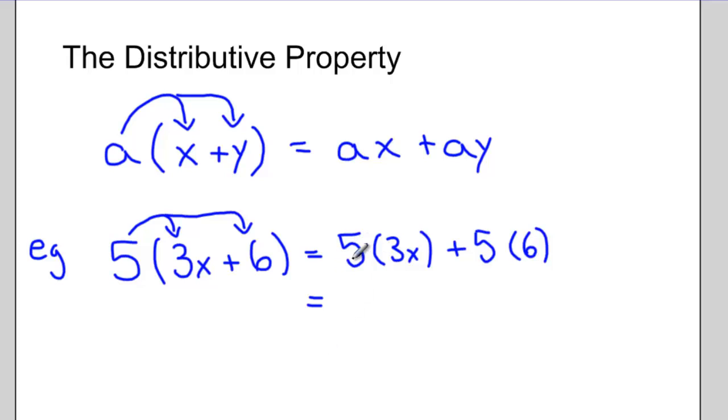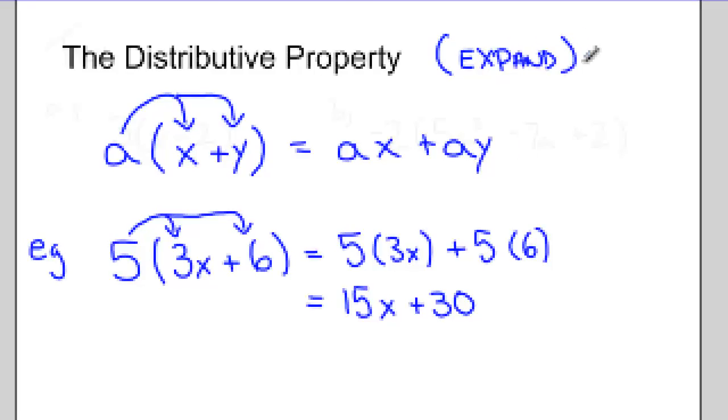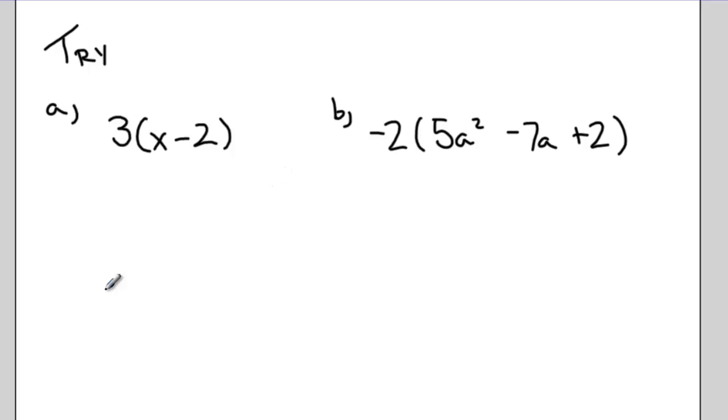I multiply the coefficients together to get 15x plus 30. Okay, I'm distributing the 5 into the brackets, or I'm doing something called expanding.